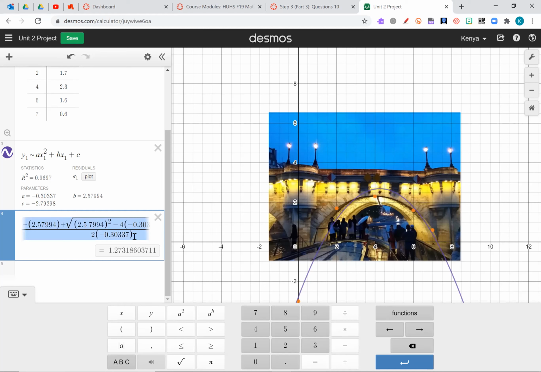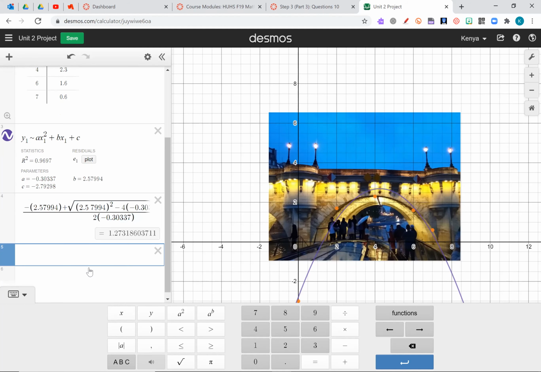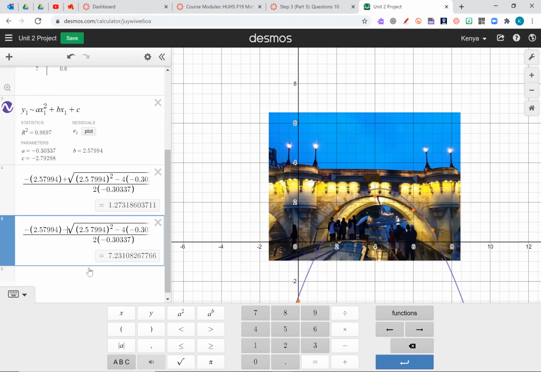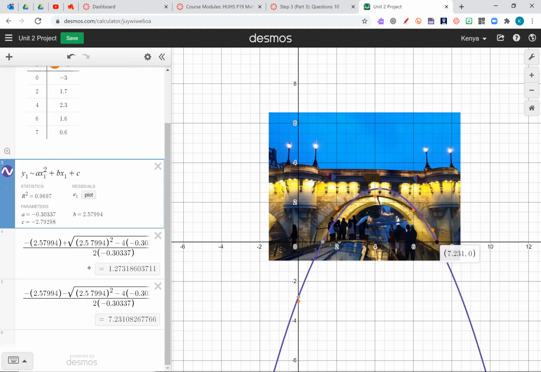And then we're going to paste it. And we're going to change that plus to a minus. So let's go back to the right spot and change that plus to a minus. All right, and there goes our solution, 7.231. So if you come over here to check your answer, it is 7.231.